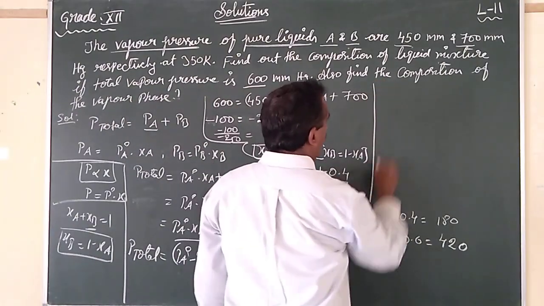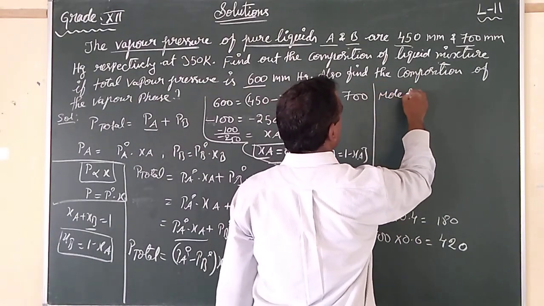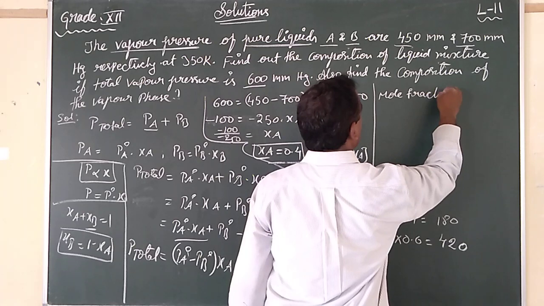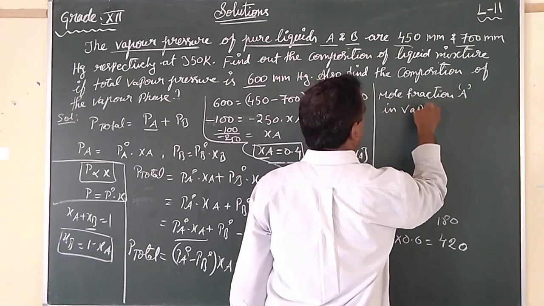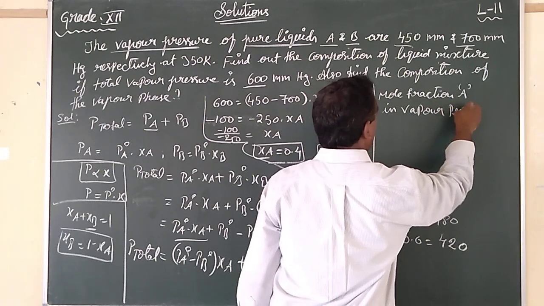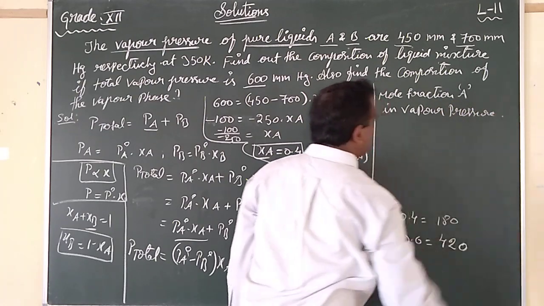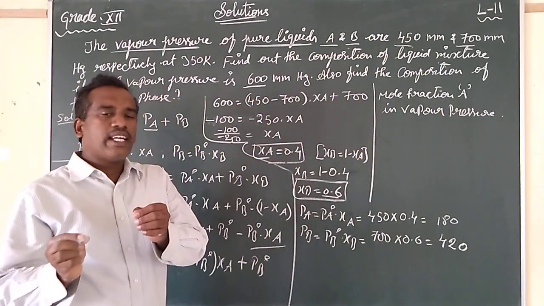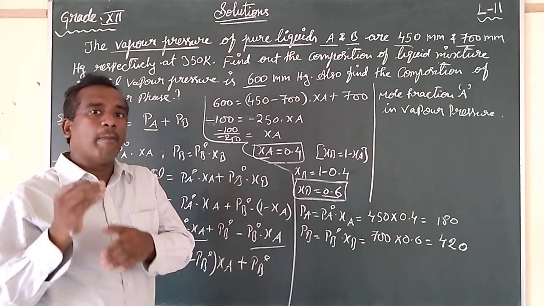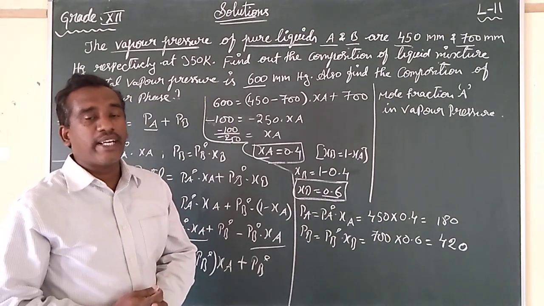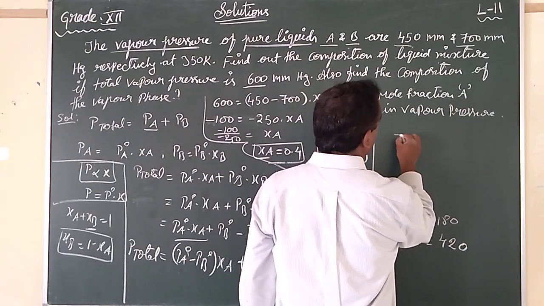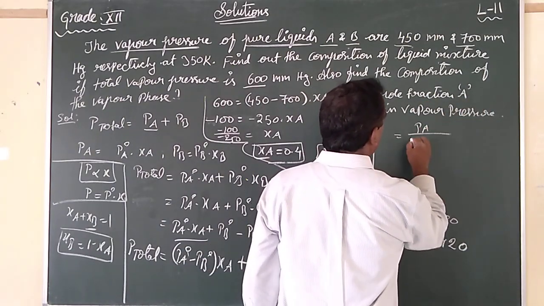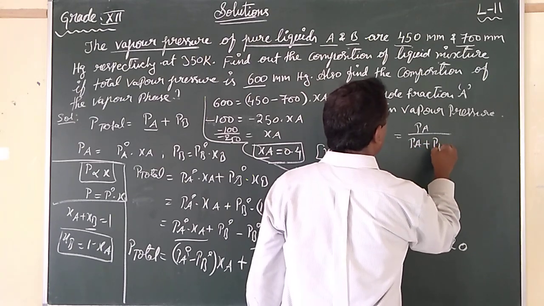If you want to know the mole fraction of A in the vapor phase, we can get its composition by taking its pressure. So the mole fraction of A in the vapor phase can be given as PA by PA plus PB.